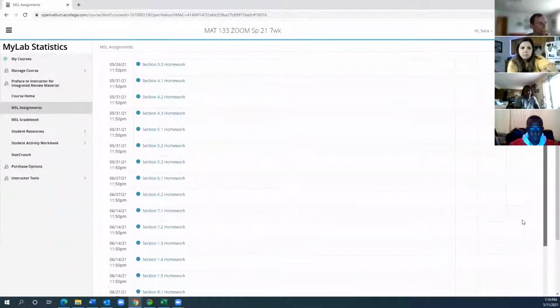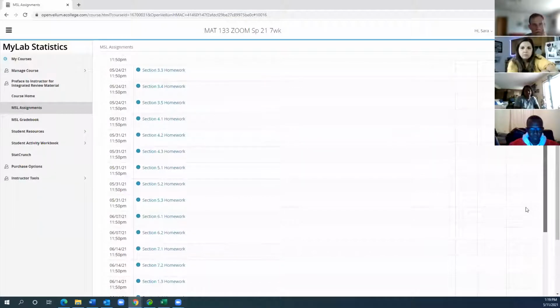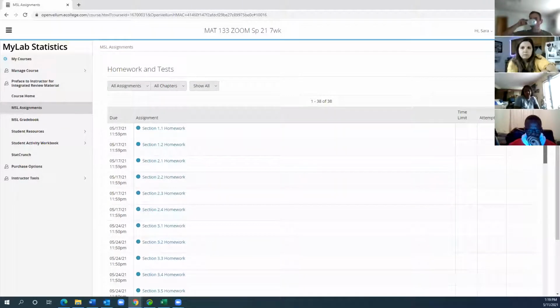Now, with my Stat Lab, you can do those as many times as you'd like. If you want to get 100%, you can keep redoing those as long as they're done by the due date, for no penalty. Also, the great thing is I made them all so you can do them after the due date, because sometimes things happen and we're like, oh shoot, I didn't realize it was a Monday and I didn't get them done.